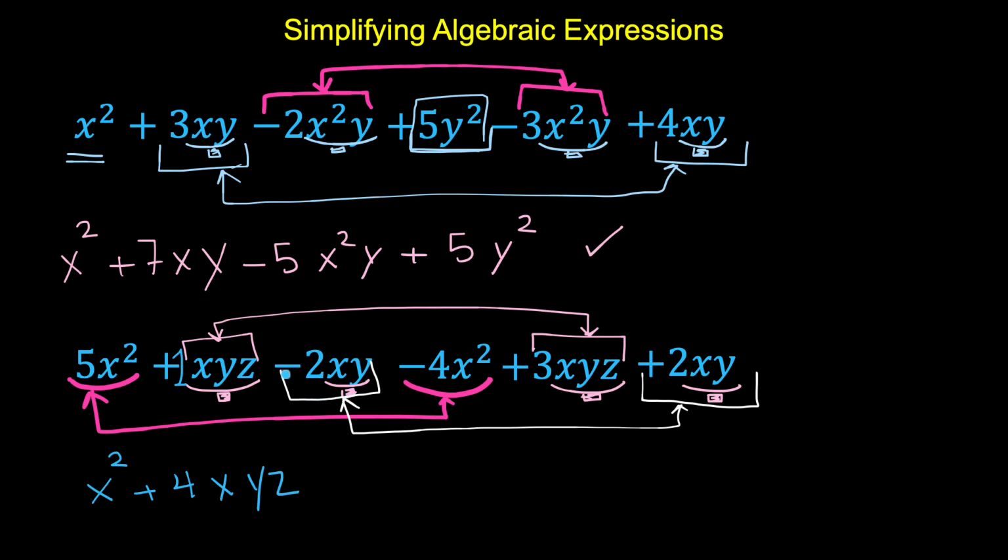And here we have minus 2xy, and here we have positive 2xy, so minus 2 plus 2 equals 0, and 0xy equals 0, because 0 multiplied by any number or variable equals 0, so we don't need to write it here. So x squared plus 4xyz is our simplified expression.